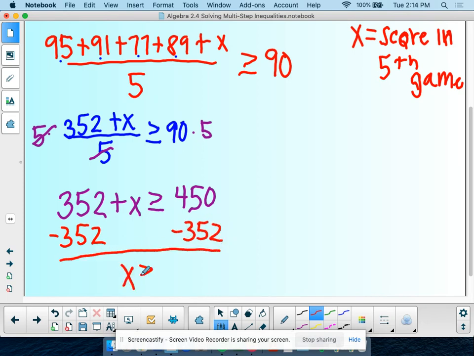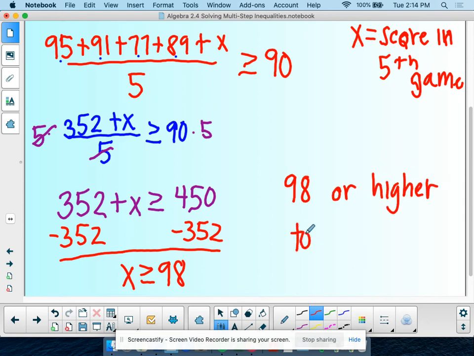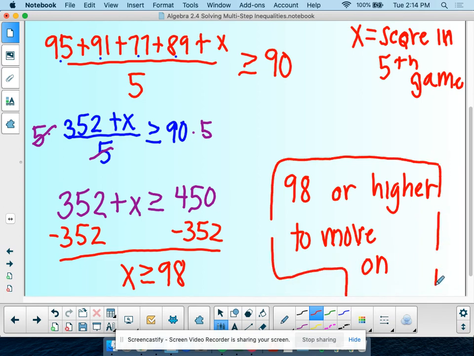And we need a score that is at least 98. So for us to move on in this game, you need to score 98 or higher. I don't know, that seems like it's going to be pretty hard to accomplish. I also have no idea what game they're playing.